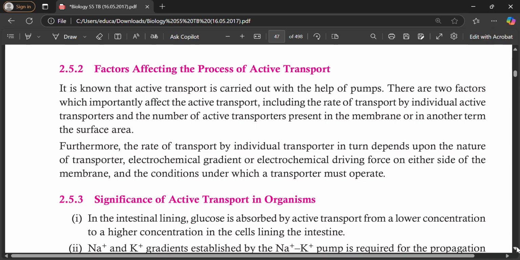Furthermore, the rate of transport by individual transporter in turn depends upon the nature of transporter, electrochemical gradient, or electrochemical driving force, on either side of the membrane. Uvuga ngo ibintu bya affecting the rate of transport of molecules harimo uburyo binyura muri pumps zazo. Ikindi uburyo nature ya transporter, electrochemical gradient cyangwa se gradient concentration differences between two sides.